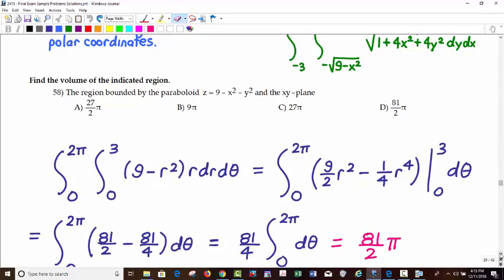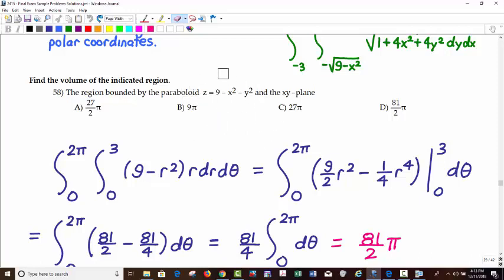So now we got that paraboloid again, so this time we're just trying to find volume. I didn't draw a picture here, but when there are no restrictions, where it doesn't say like x greater than or equal to 0 or y greater than or equal to 0 or stuff like that, you assume it's the entire circle unless told otherwise.